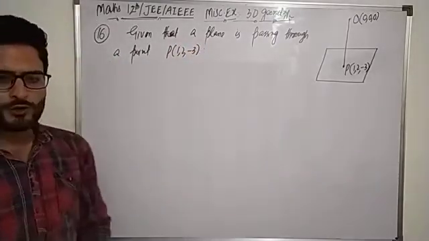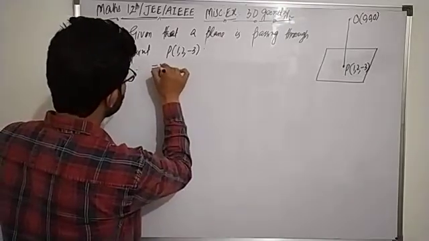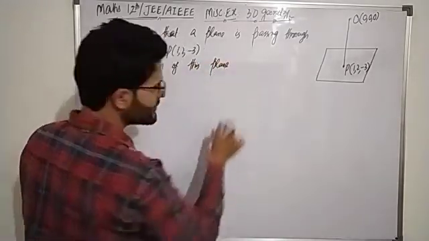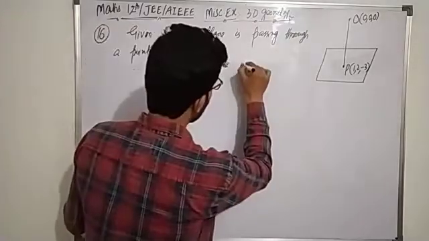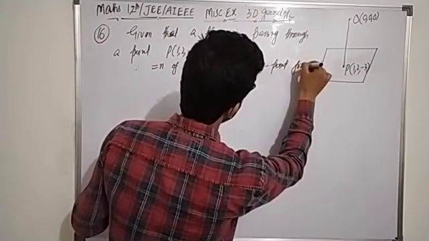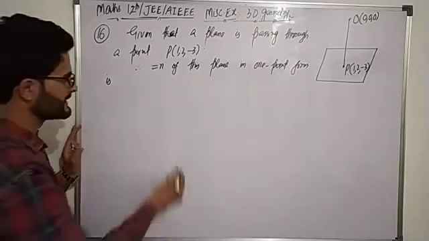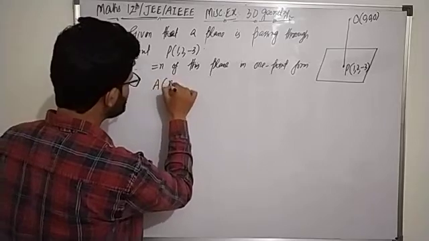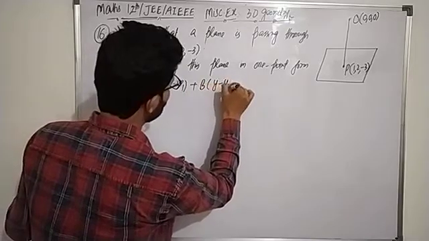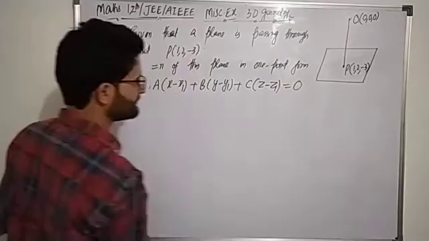Since it is passing through a point, so we can find its equation in one point form. Therefore, equation of this plane in one point form is a into x minus x1 plus b into y minus y1 plus c into z minus z1, and that's equal to 0.